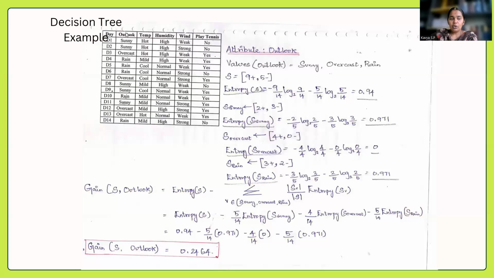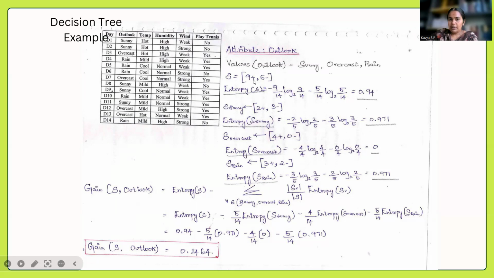The first attribute is outlook, and the possible values for outlook are three, namely sunny, overcast, and rain. Calculating the overall entropy, that is, out of those 14 days, how many days I play tennis and how many days I do not. Out of 14 days, on 9 days I play tennis, that is yes.